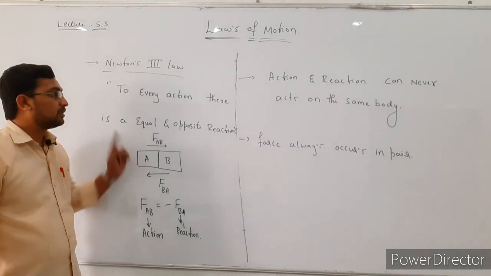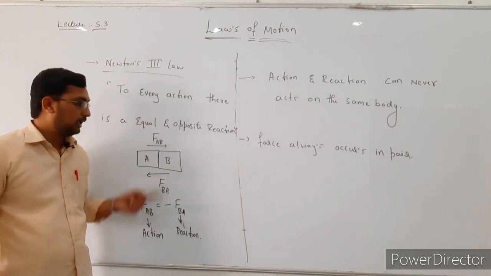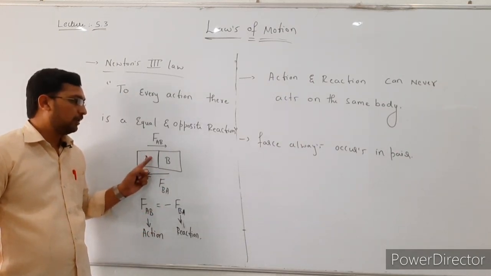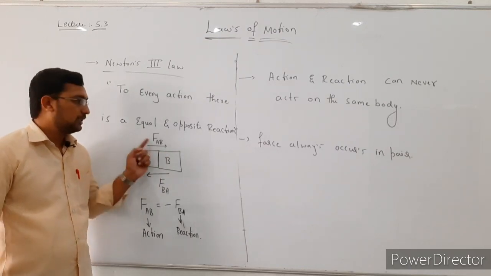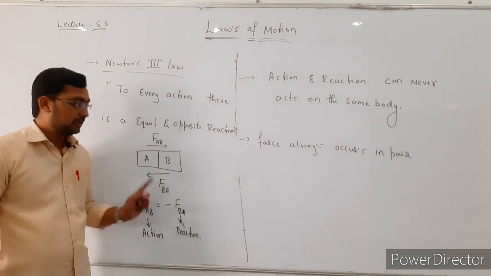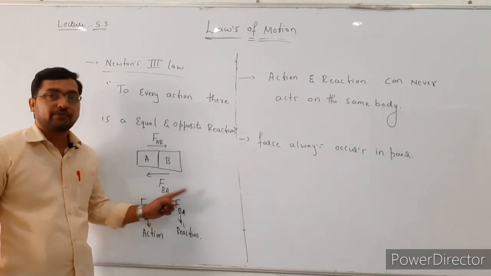So our statement is, to every action there is an equal and opposite reaction, and here we considered two bodies, A body and B body, both kept in contact. The first body exerts a force on the second body, that is F of AB, and the second body exerts a force on the first body, that is F of BA. So F of AB is equal to minus F of BA.